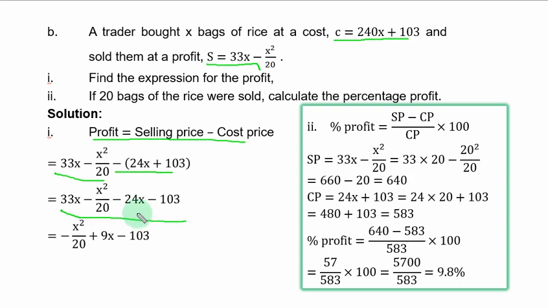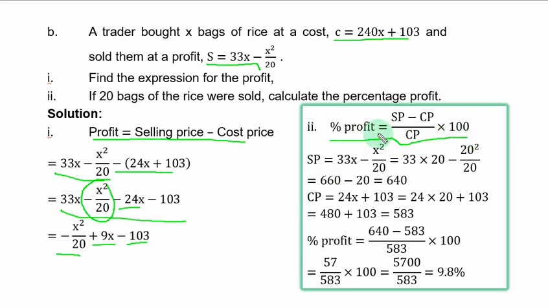If you follow order of the letter, so we have minus s squared over 20, 33s minus 24s, you have plus 9s, and the constant minus 103. Remember figure 2, percentage profit is calculated using this formula.